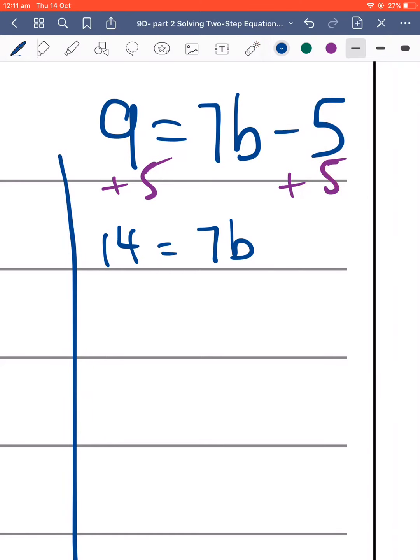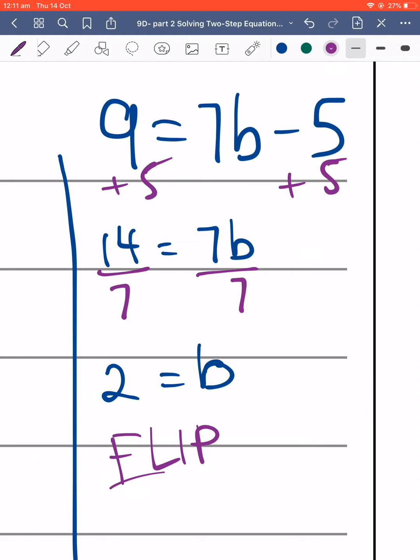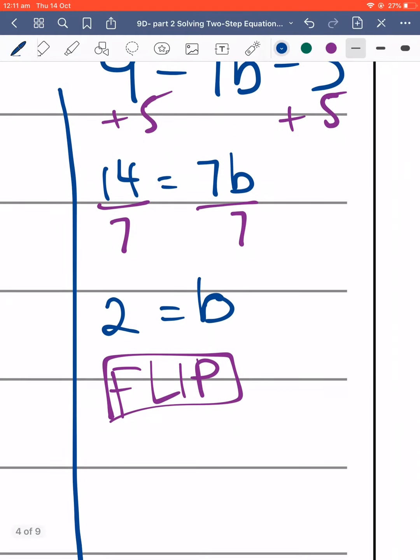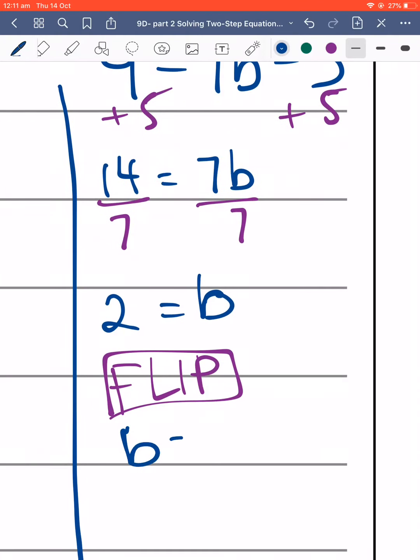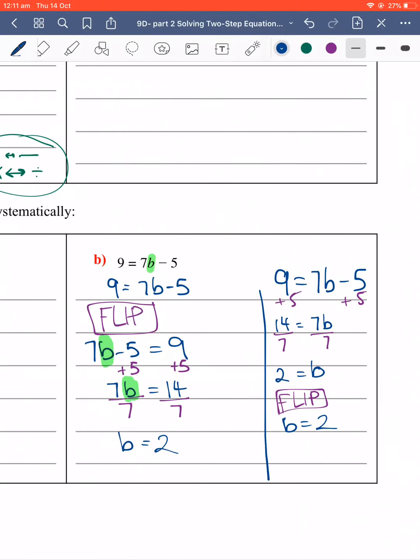And then I'm going to divide by 7 on both sides, and that equals 2 equals b, and then I can flip it to make sure that I have my pronumeral on my left, which is b, equaling my value on my right. So you can flip at either stage as long as you make sure that you do flip.